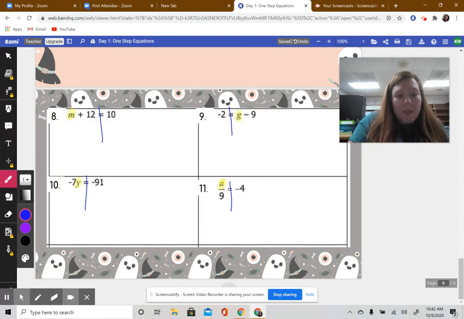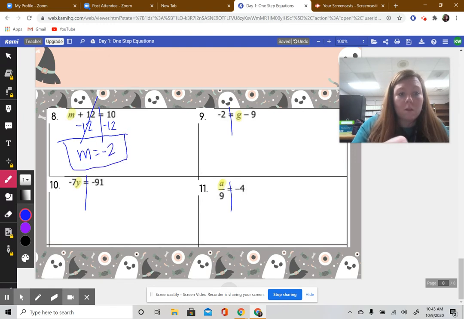Number 8 says m plus 12 is equal to 10. That means I'm going to subtract 12 from both sides. 10 minus 12 is negative 2. And again, use your calculator if you need to, okay?